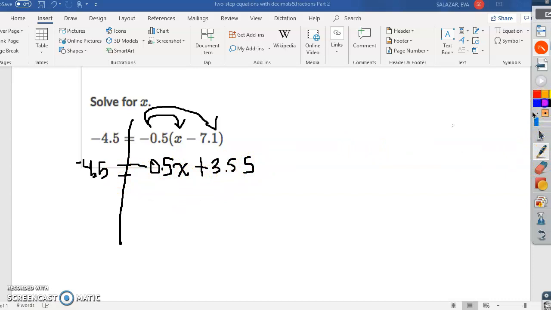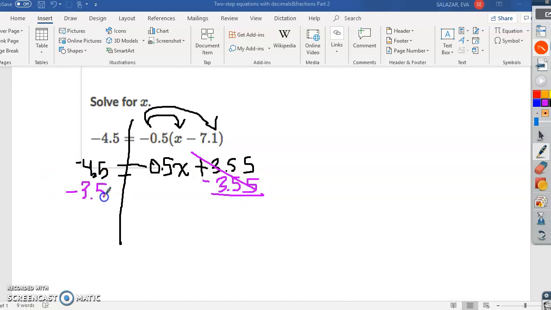Now, my next step is to get rid of that 3.55 by doing my subtraction. That would be my inverse operation. And that cancels. Whatever you do to one side, you want to do it to the other side.